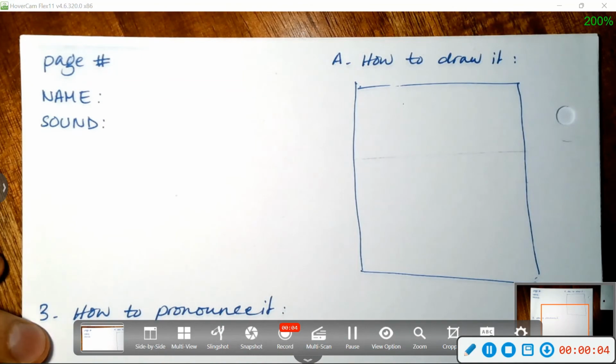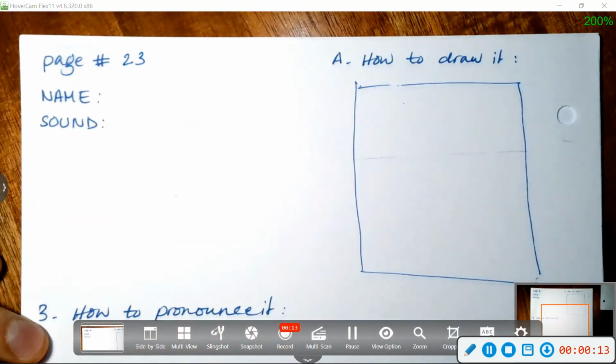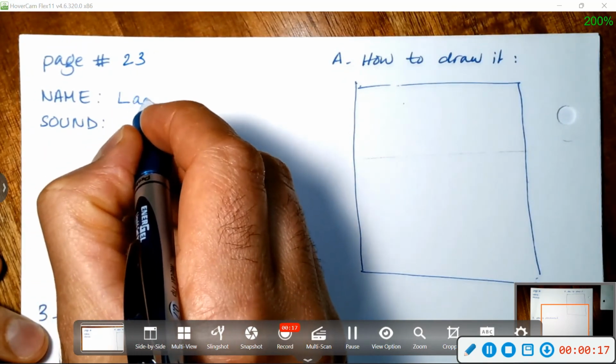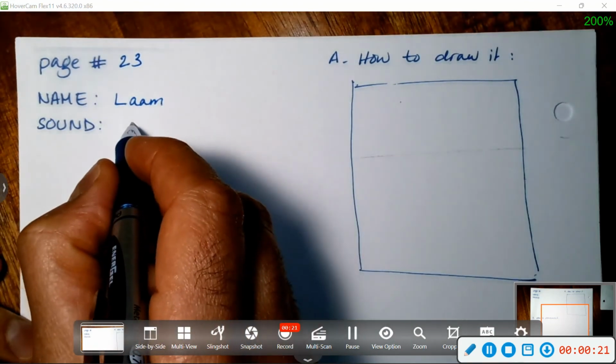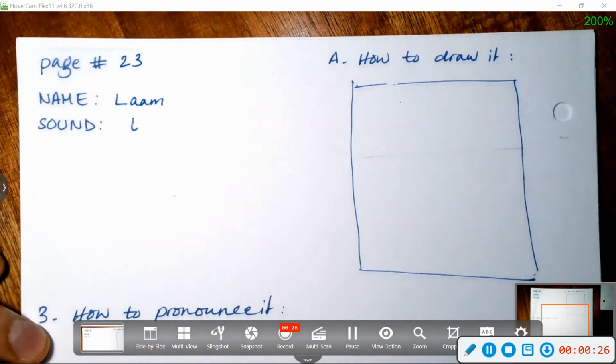Now, page number 23. Letter name is Laam. Sound: la, la.